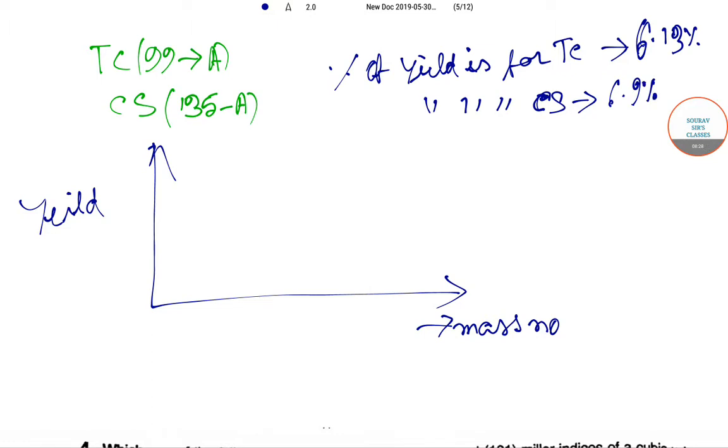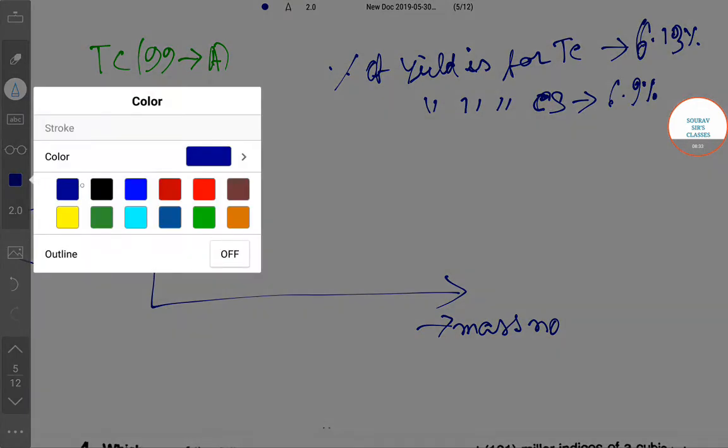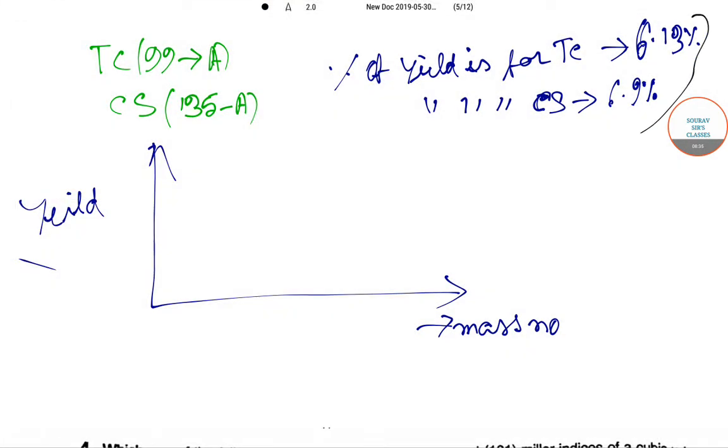These two are nearly equal percentages of yield.